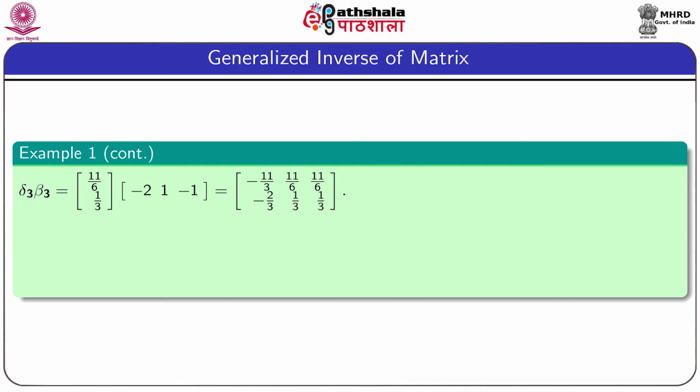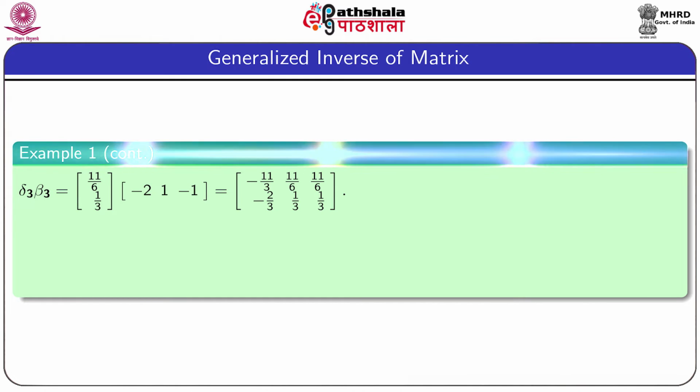Now we calculate the matrix delta 3 beta 3, and after simplification this becomes a matrix of order 2 by 3 whose first row is minus 11 by 3, 11 by 6, 11 by 6, and second row is minus 2 by 3, 1 by 3 and 1 by 3.